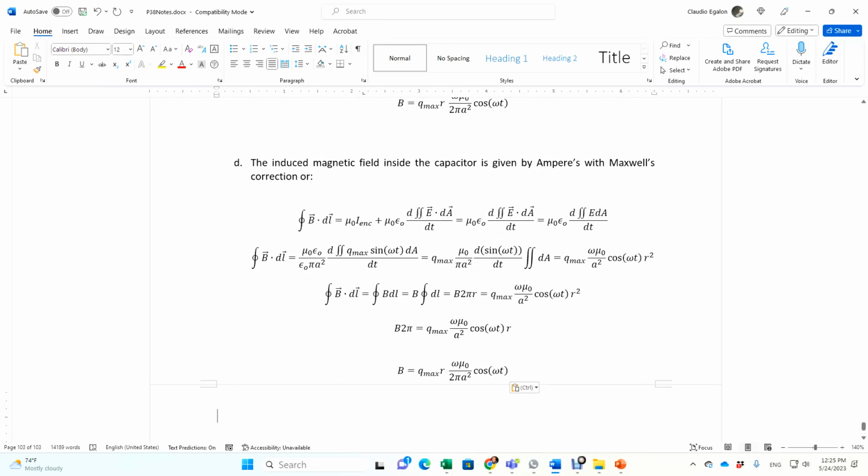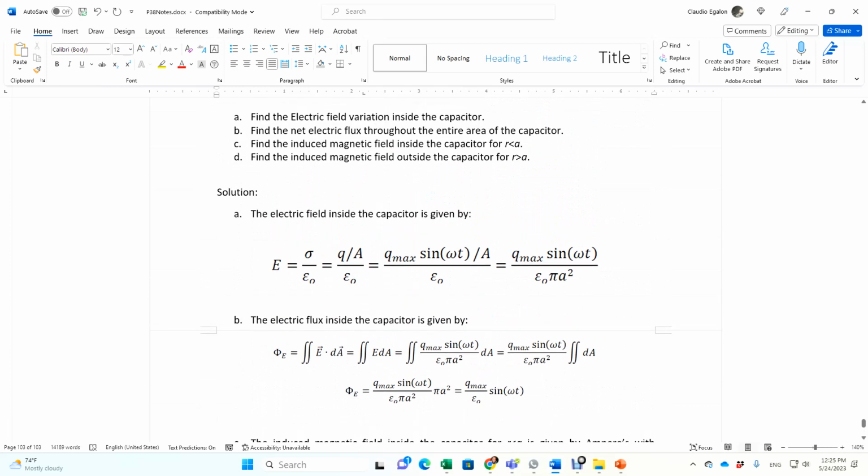Let's see, D. Find the magnetic field outside the capacitor for r greater than a. It's not outside the capacitor, it's inside the capacitor, but it's for r greater than a, right? Outside the bounds of the capacitor. Find the induced magnetic field inside the capacitor for r greater than a.